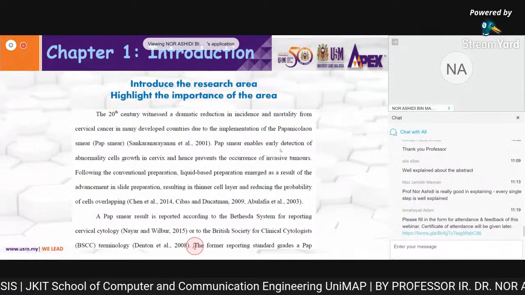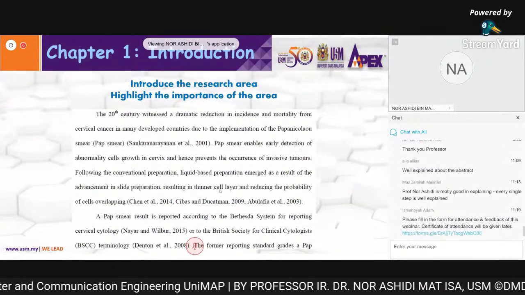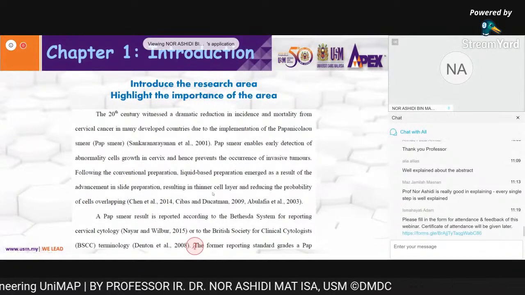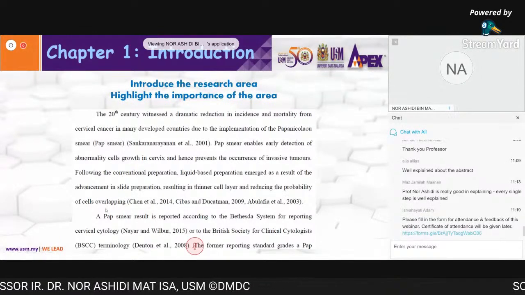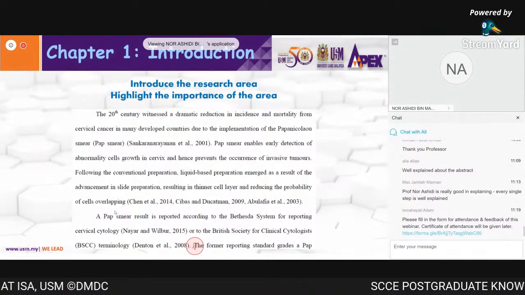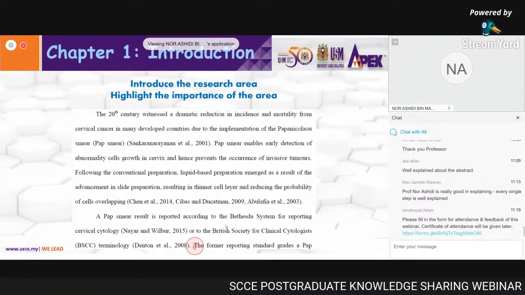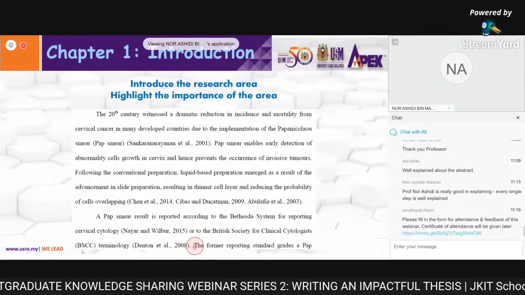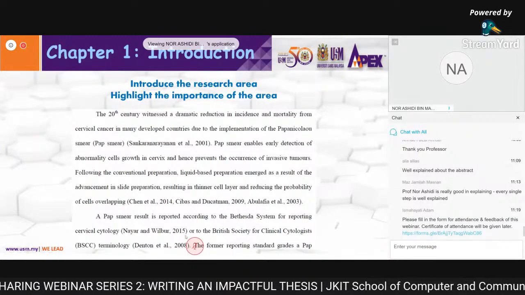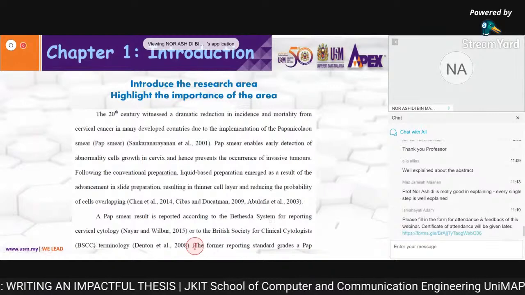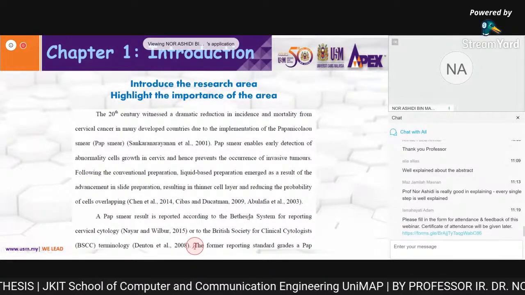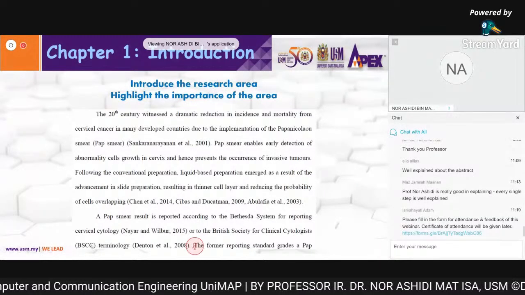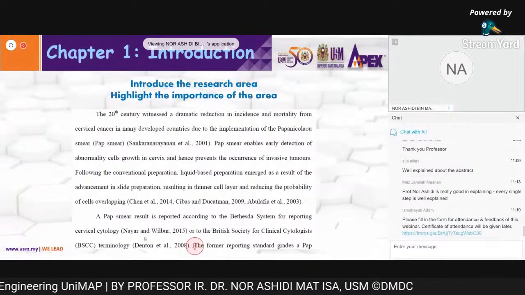It is good for early detection, but the problems now are the thinner cell layer, reduced overlapping, and so on. I also introduced Bethesda and the SCC, because my student will compare her techniques with these two systems.